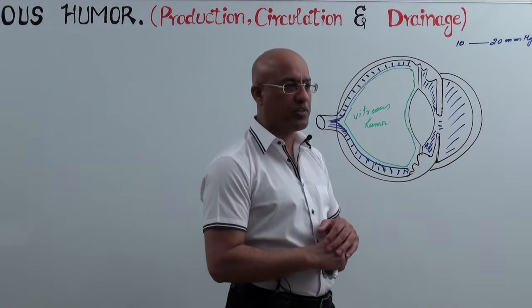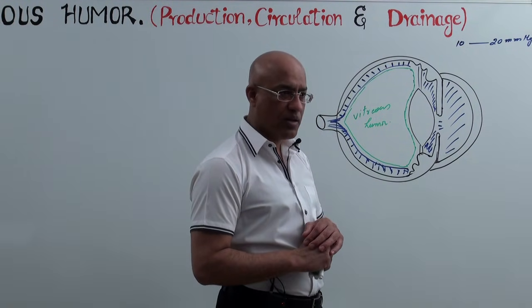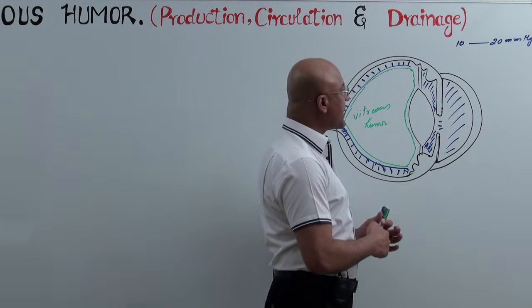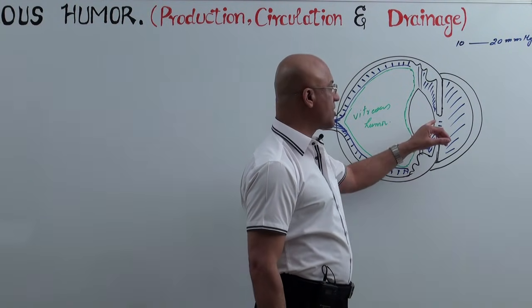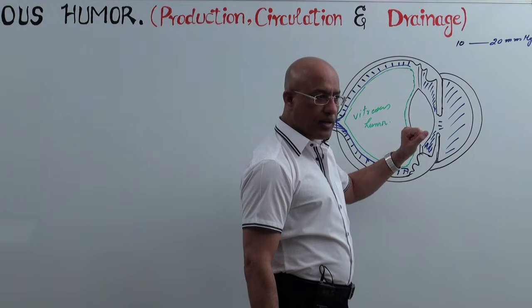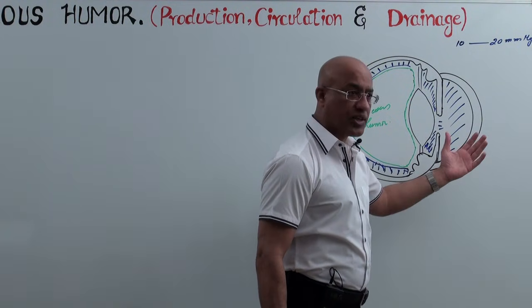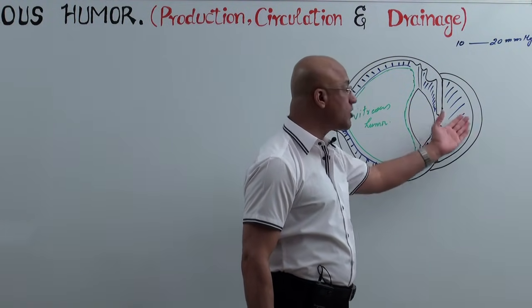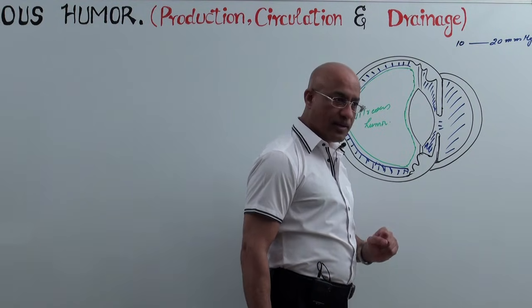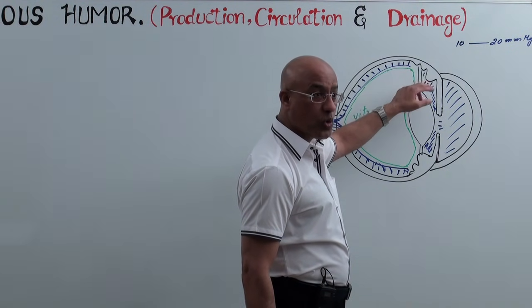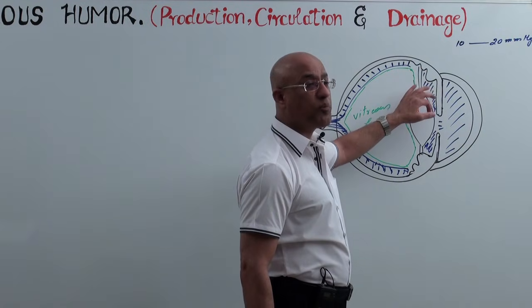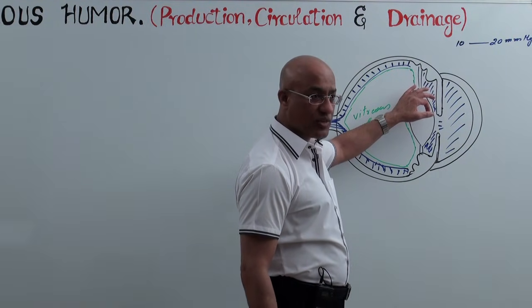Then there is another purpose, especially of the aqueous humor. Aqueous humor is a clear transparent fluid which provides nutrition to the avascular structures in the eye, especially the lens and cornea. So aqueous humor is bringing with it glucose, amino acids, even ascorbic acid as an antioxidant.